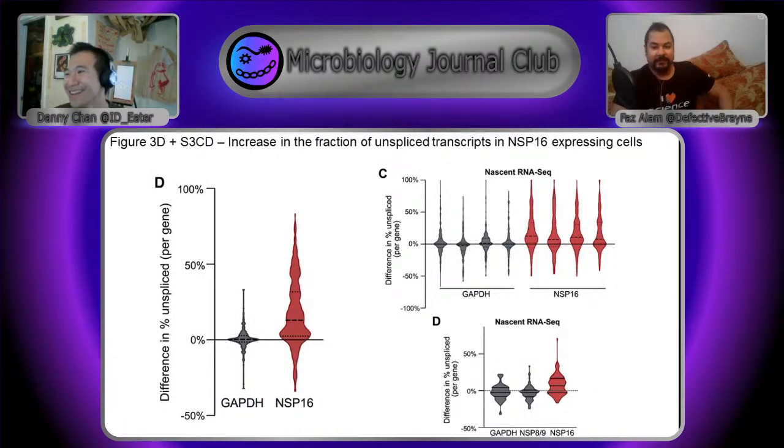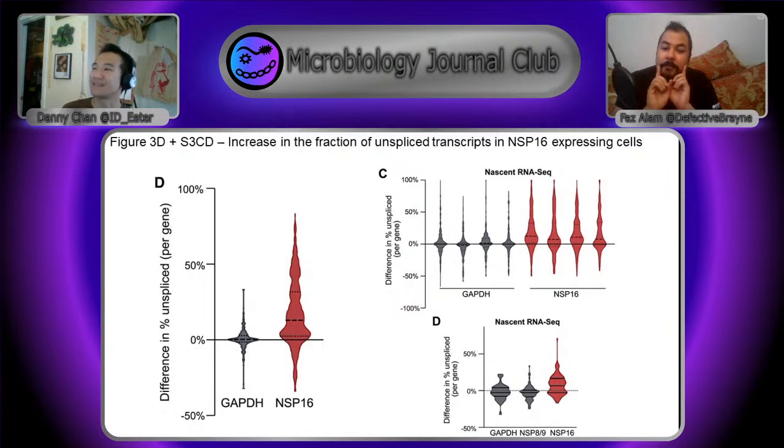Again, you're going through pretty much all single cells, looking at all the data and seeing the percentage of unspliced per gene. Oh, per single gene. Right, so all the dots are for every gene in the cell, or every piece of mRNA.